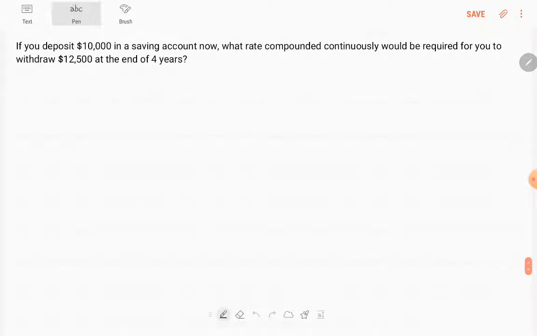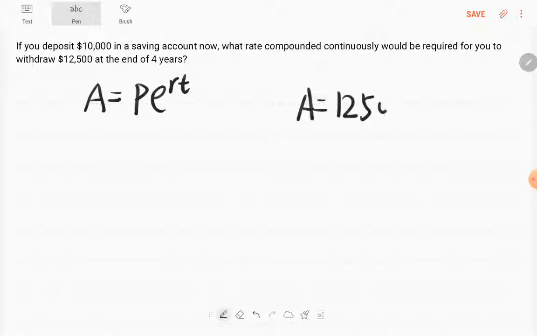Okay, so it's compounded continuously, so we use the continuous compound interest formula, A equals P times e to the RT. So now our A is given at last, 12,500, and P is 10,000 and T is 4.